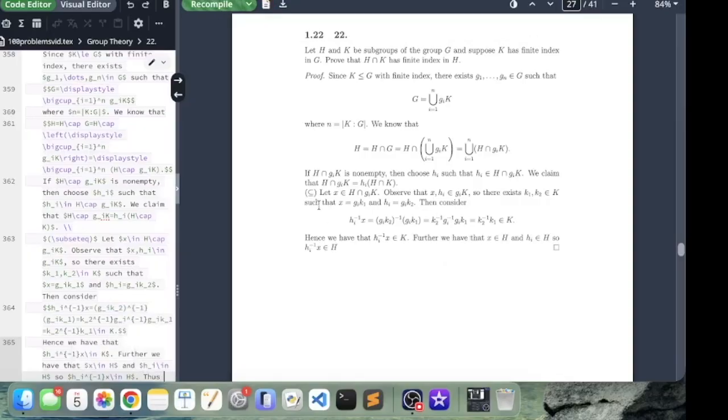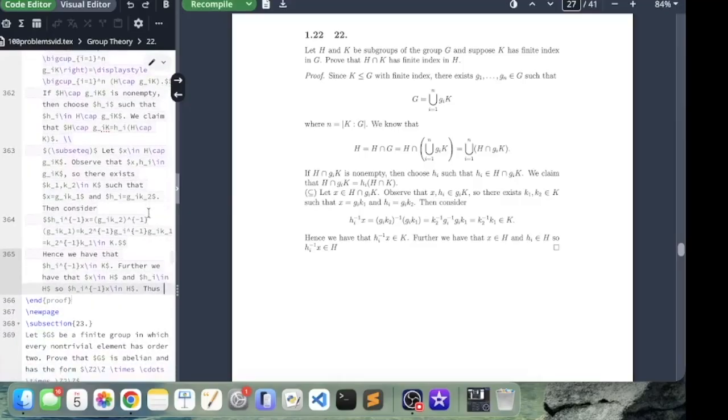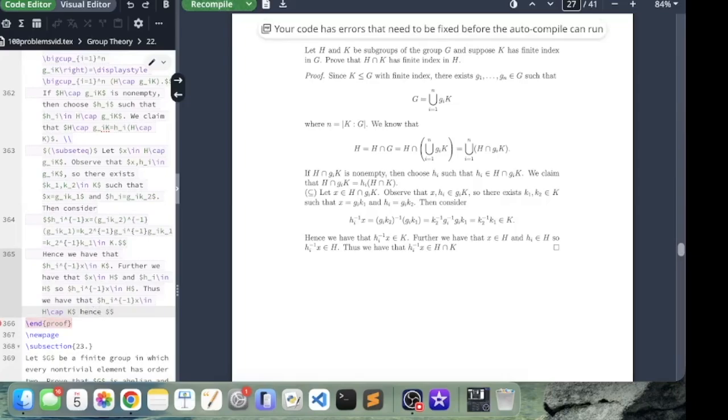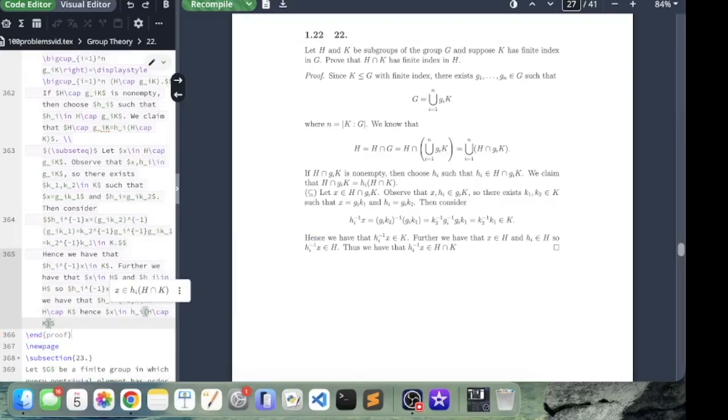Thus, we have that h_i inverse x is in H, and we showed it was in K, so it's in H intersect K. Hence, x is in h_i times H intersect K, which is the one way of the inclusion.